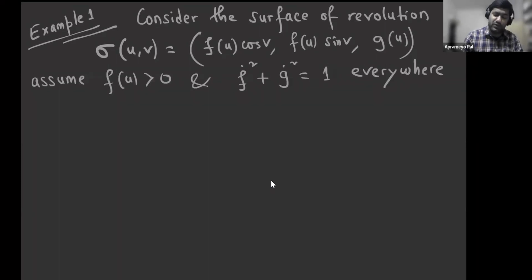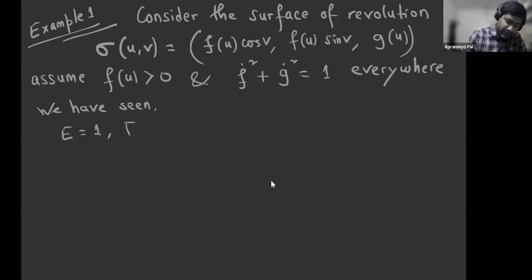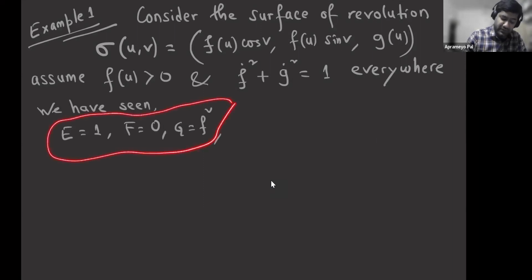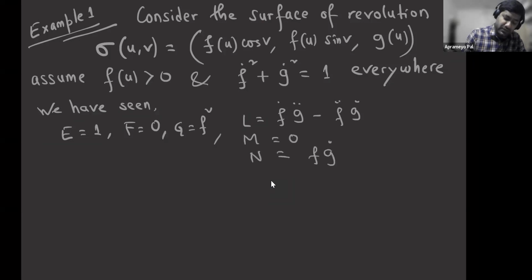That's the exact same condition we took also when we computed the second fundamental form. So we have already seen E is 1, F is 0, and G is f square. This we have seen last week. And this week we have seen L is given by f dot g double dot minus f double dot g dot, M is 0, and N is f g dot.